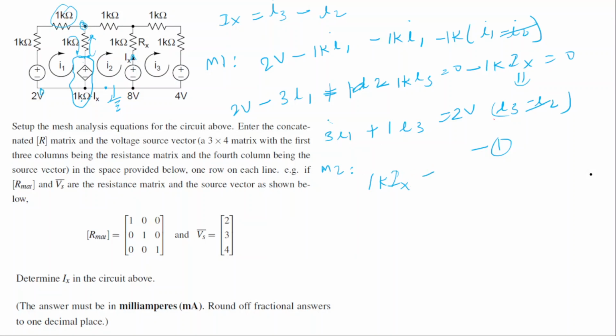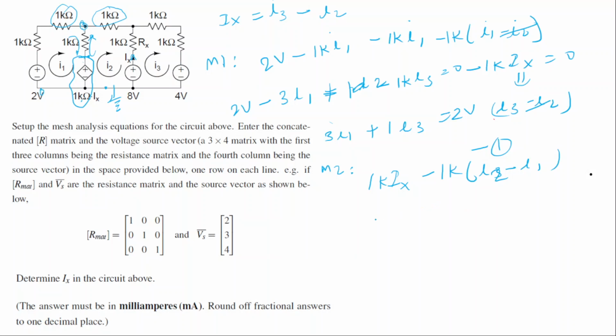Minus the drop across this resistor. We are going from here to here, so the drop across this resistor will be 1k times I2 minus I1, plus, minus the drop across this resistor.